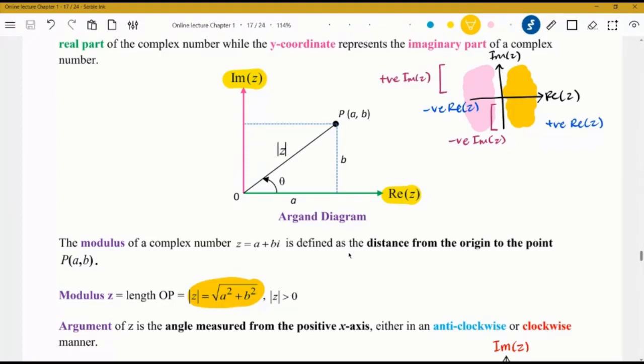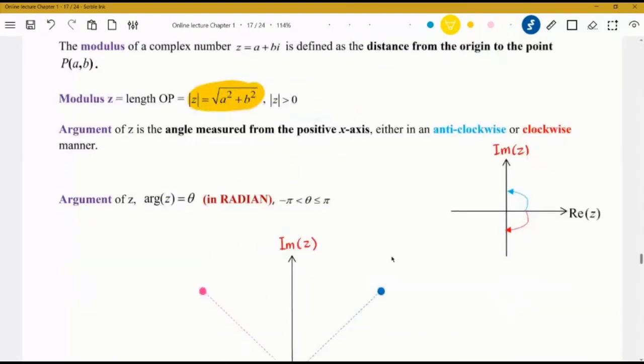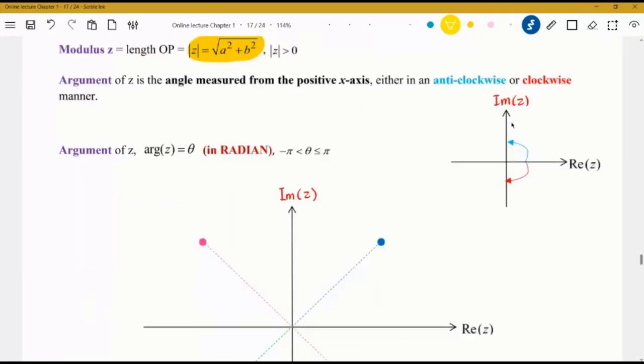Okay, once we know to find the modulus, we need to know to find the angle here. Angle, okay. So untuk cari angle, kita akan split into 4 quadrant. Okay, so before you know the quadrant, you need to know the clockwise ataupun anti-clockwise.